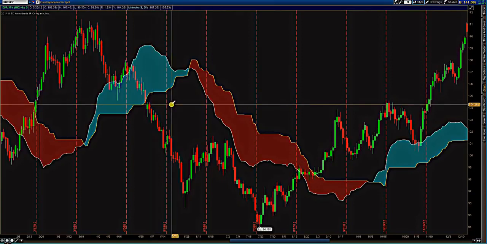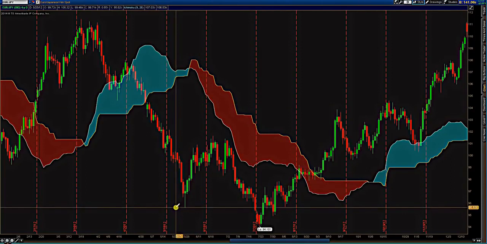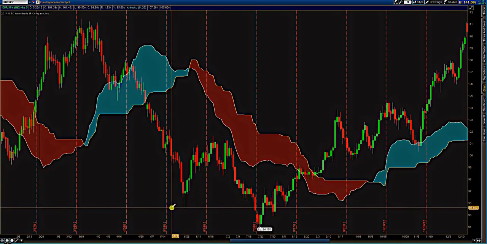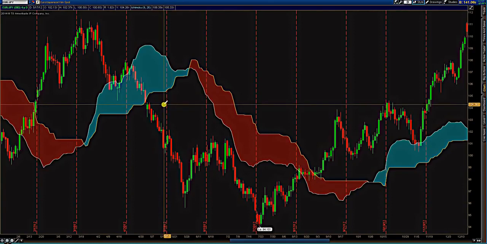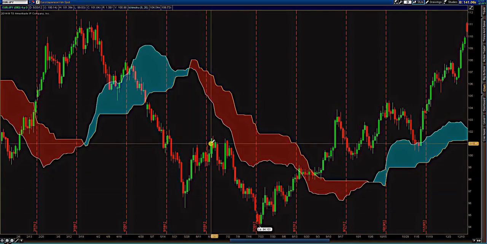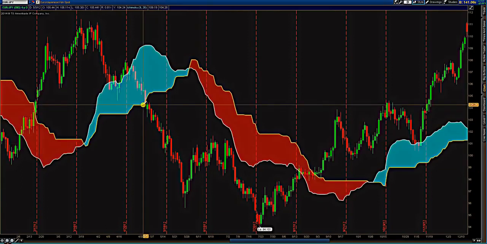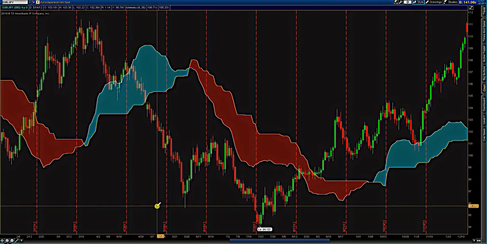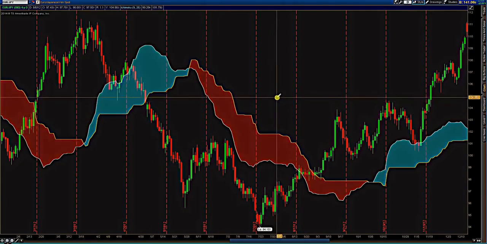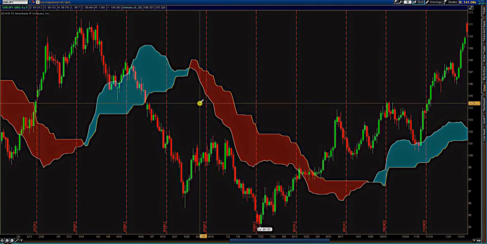Price declined all the way towards, basically before a strong pullback, 95. So from 104 to 95 is a 900 pip move. 900 pips, it fell.